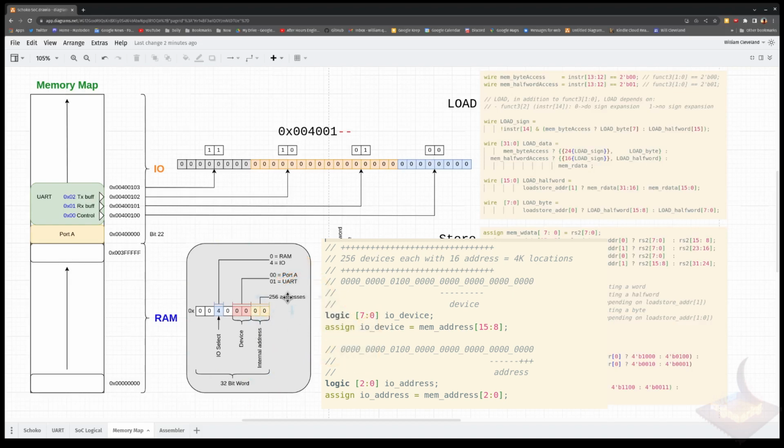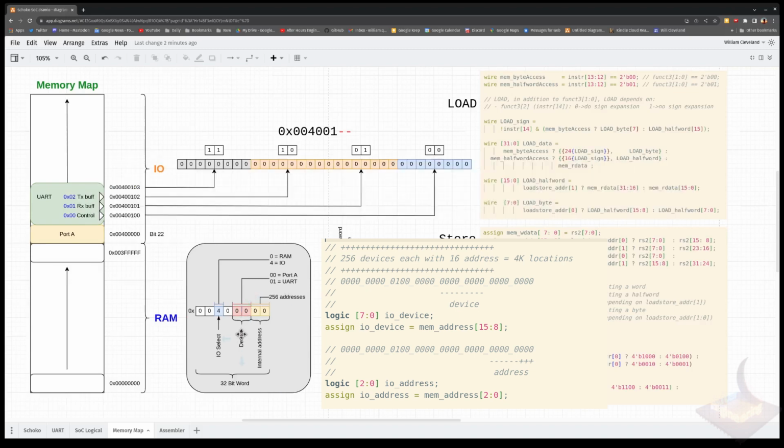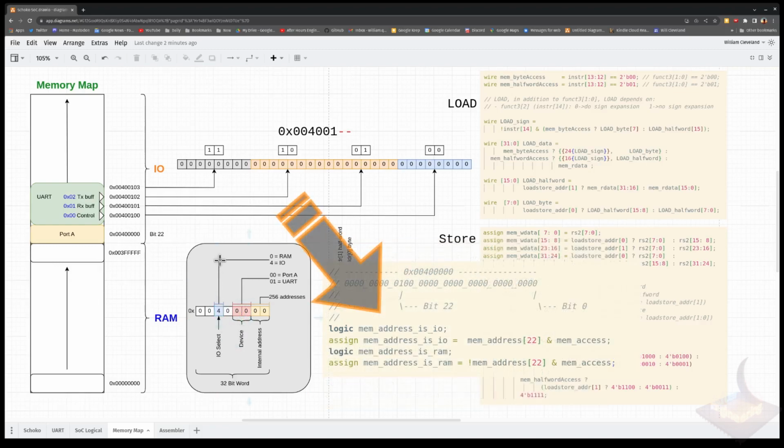So your component could have up to 256 addresses within it. And then which device you're selecting, we only have 2, the UART and port A, but you could have 256 of those as well. And then the I/O select, which is driven off of 1 bit, is selecting RAM or I/O.